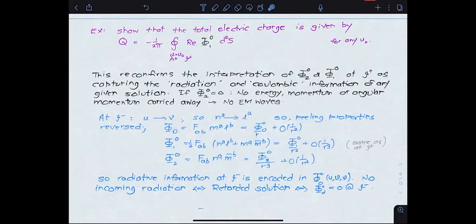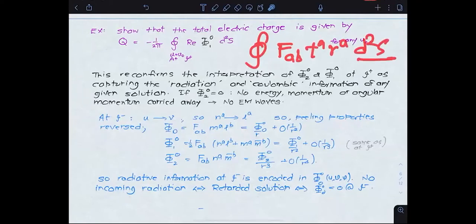So you can just use the expression of the charge. Charge is given by F_AB times T^A, so it is given by just the radial component of the electric field. So the charge integral in the physical spacetime will be given by F_AB times T^A times the unit radial vector times d2s over the 2-dimensional region.